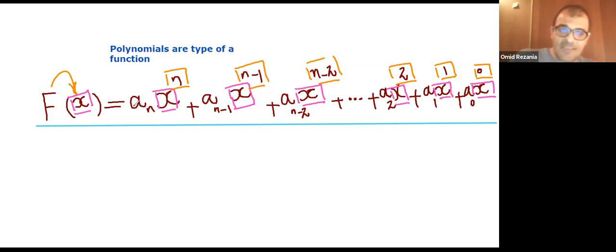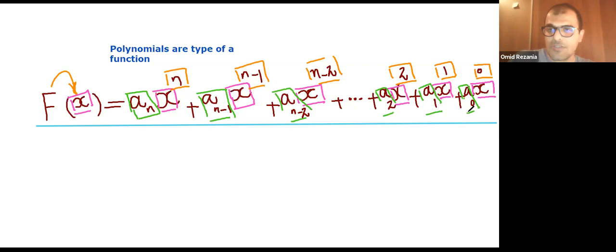And the last thing, which is important also, we have these ones. We have a of sub-index n. You see these elements, a1, and also a naught.